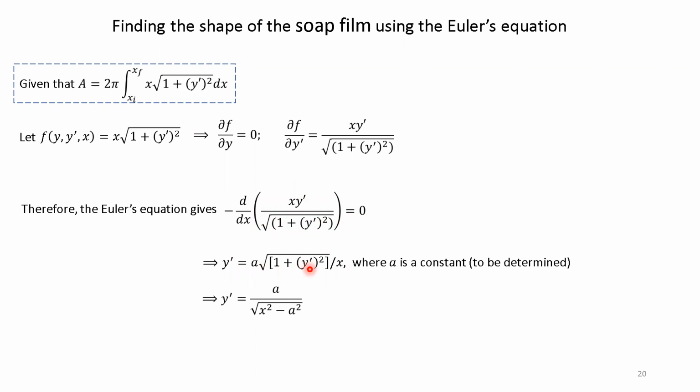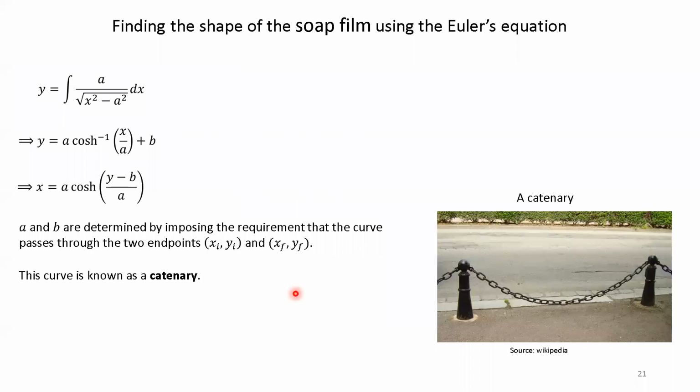The next step is to make y prime the subject on the left-hand side, so that all I have on the right-hand side is just a function of x. So dy/dx equals this function of x, and the next step is just direct integration.